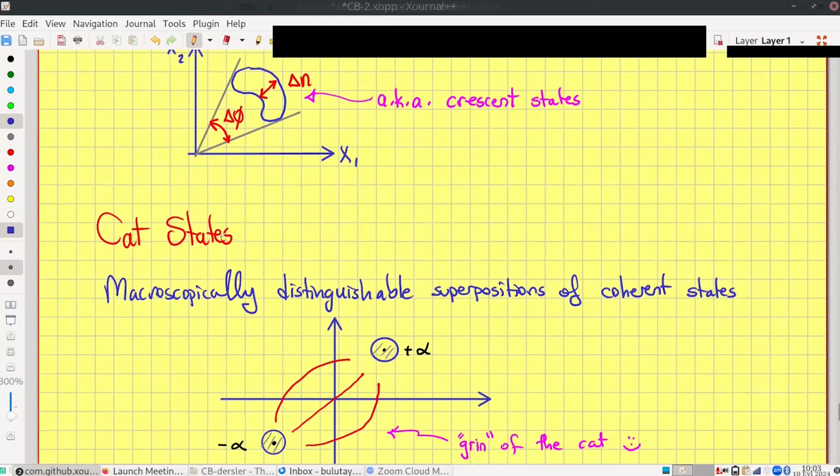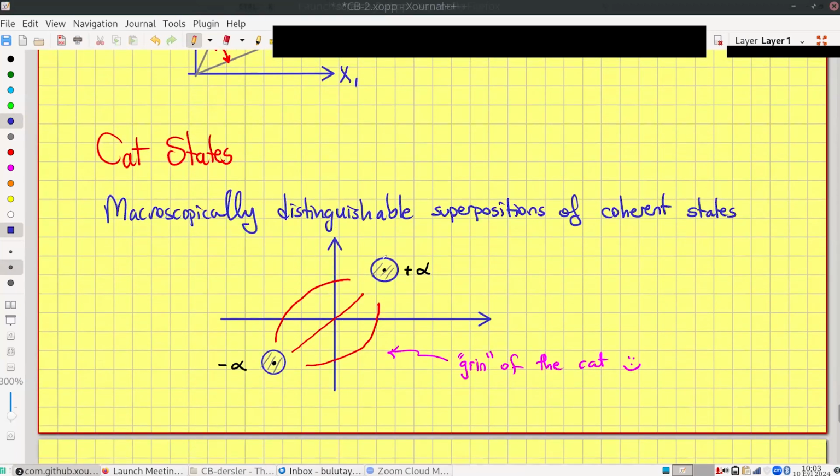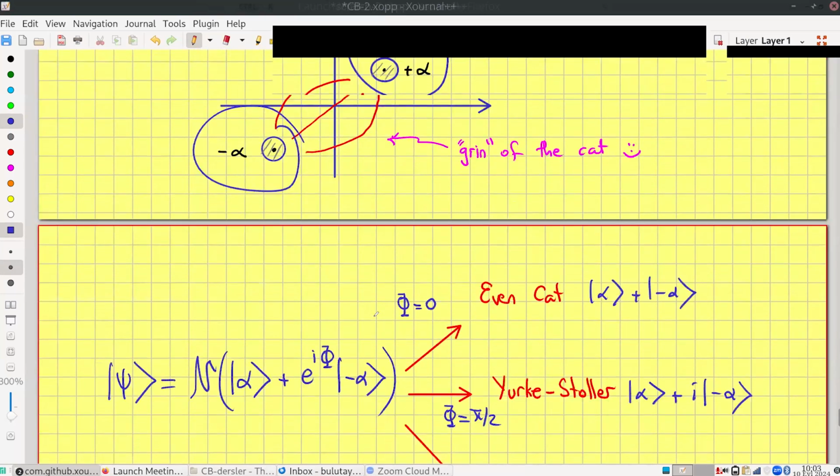You can also produce macroscopic superpositions of photonic states, a laser light, and if you can, create these macroscopic superpositions like this.